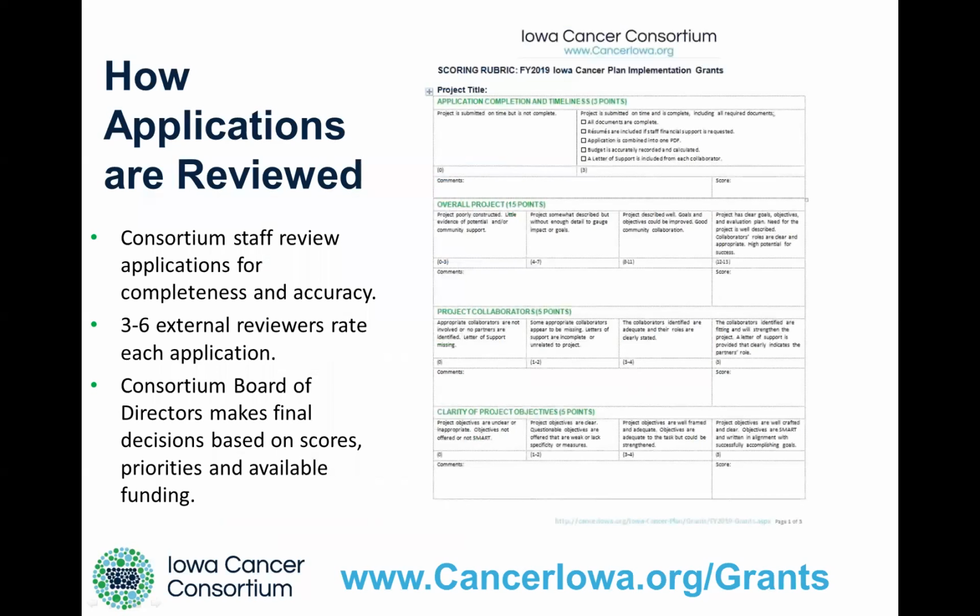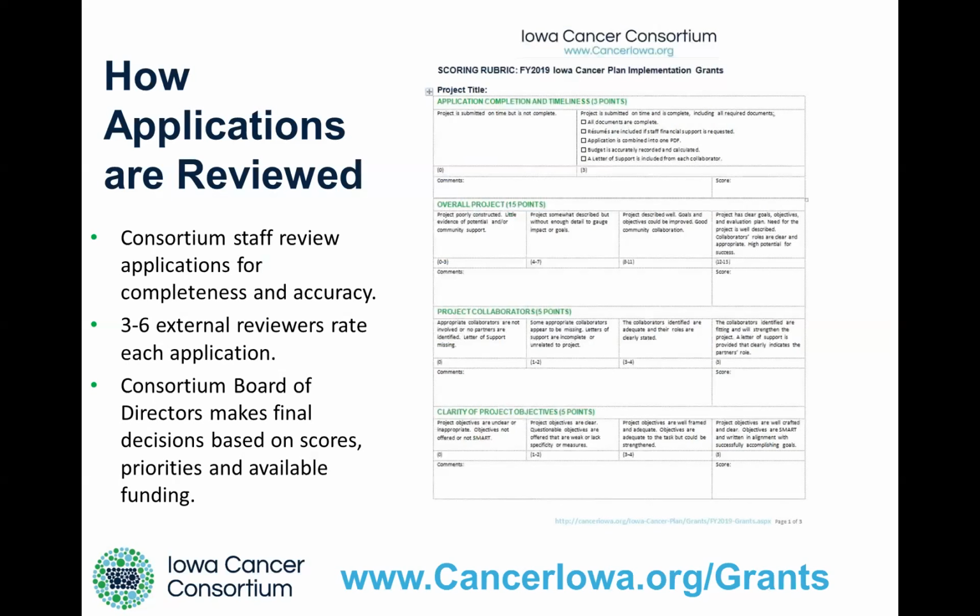Okay, so reviewing is just about the same as last year. Funding decisions are made based on external reviewers. Once your application is submitted, the deadline is May 11th of this year. That's a Friday. We as staff will review your applications for completeness and accuracy.